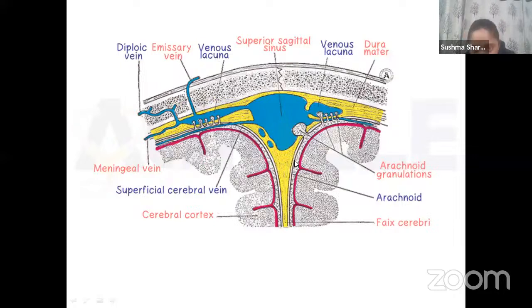But when the CSF pressure increases in the subarachnoidal space, these granulations open up and the CSF escapes into the venous blood, thus easing the pressure. That's the whole point that I was trying to teach. This is an important question in anatomy.